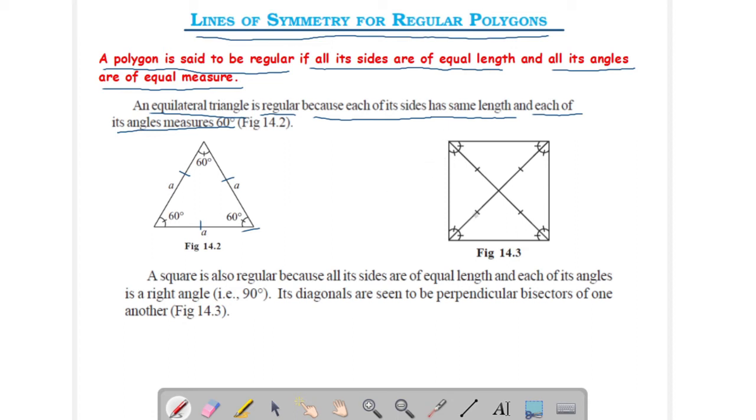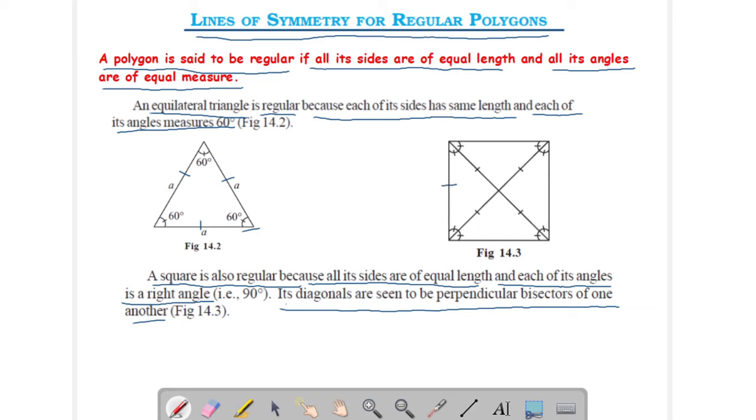Now this is a square. A square is also regular because all its sides are of equal length and each of its angles is a right angle. Its diagonals are seen to be perpendicular bisectors of one another. See this figure? This is a square. Why is it a regular polygon?